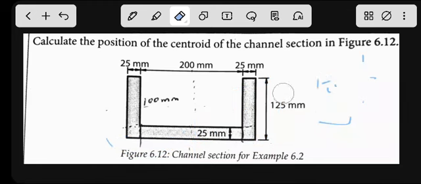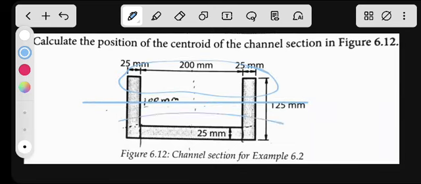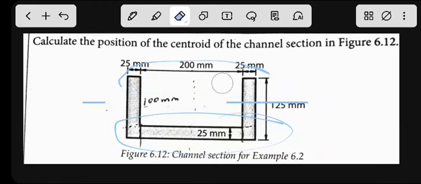However, we cannot calculate y bar like that, because if I take a line straight across like this and cut it there, the top portion and the bottom portion are not symmetrical. So we are supposed to calculate y bar using our formulas.